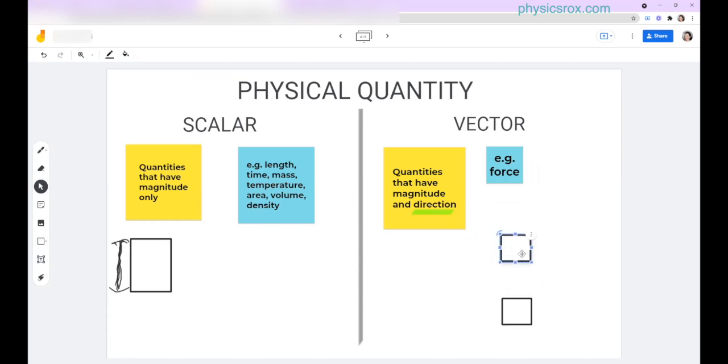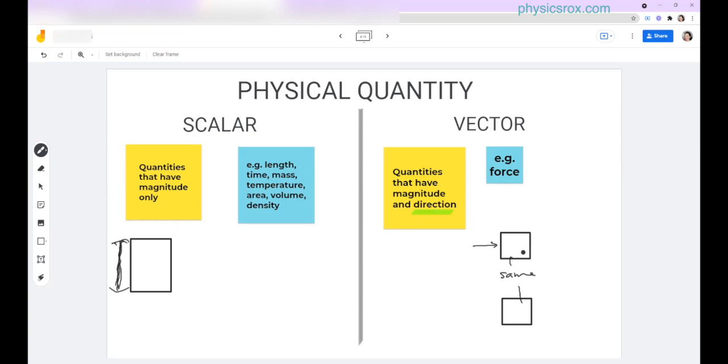Let's say we have a situation where we apply two forces on the same object. Both are the same object, I won't label them A so as not to confuse you.